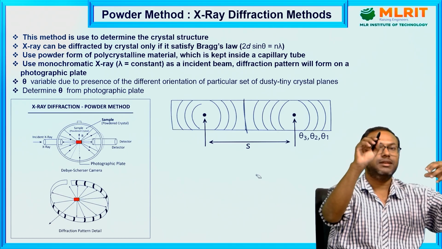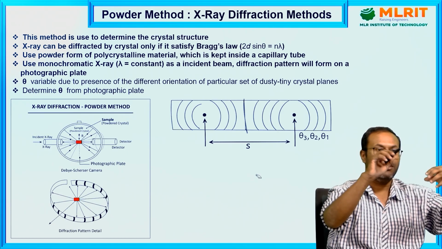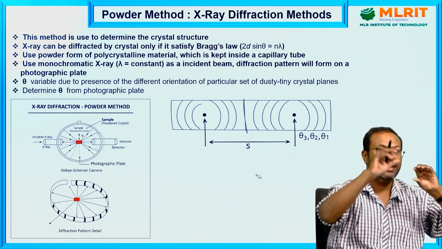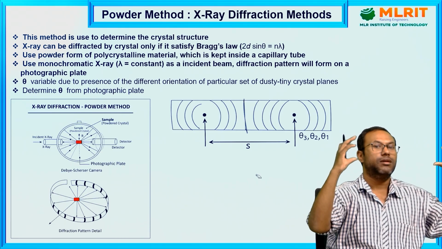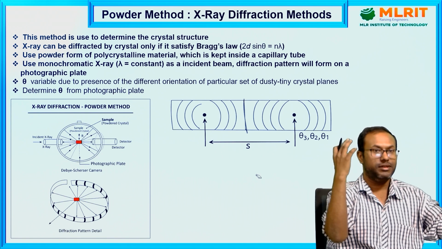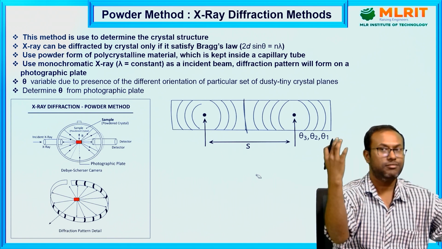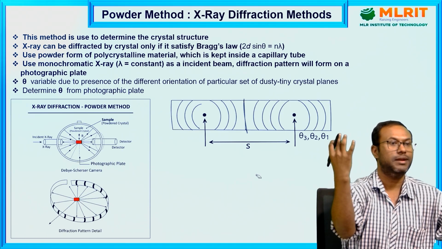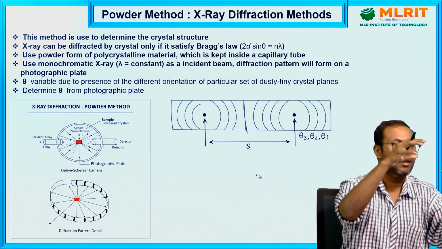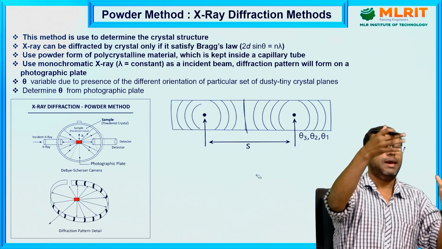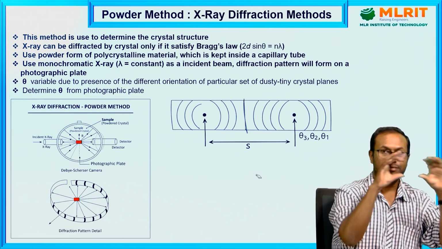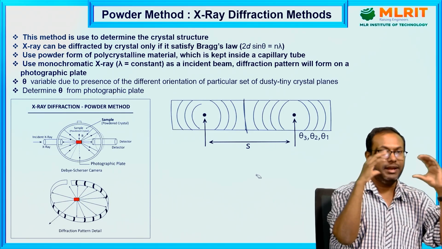From there it is reflected or deviated. Those reflected rays are then captured as an image of the diffracted rays on a photographic plate. Surrounding the crystal structure, one photographic plate is there, which captures the image or the diffraction patterns. That's the overall idea.